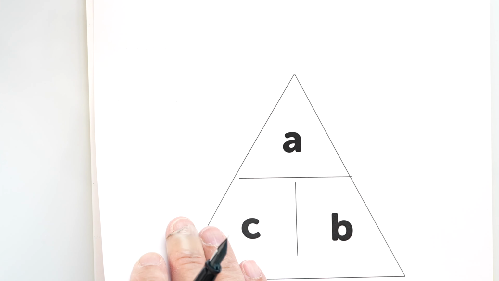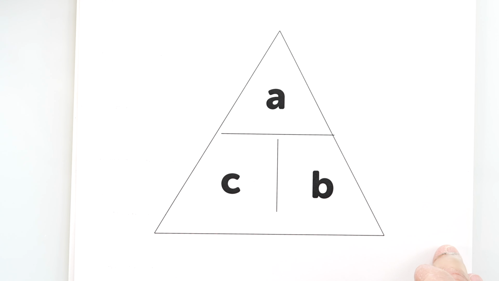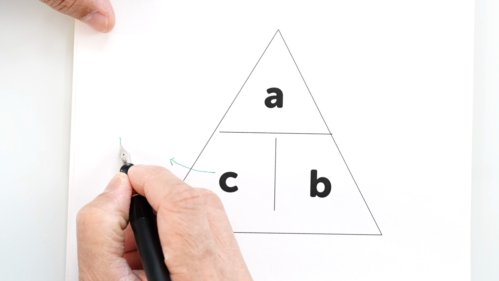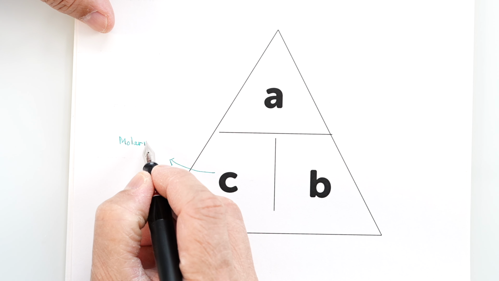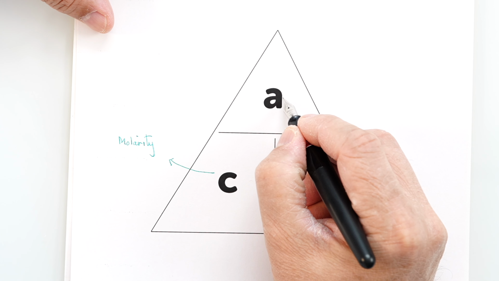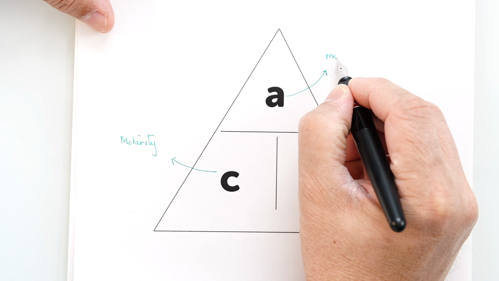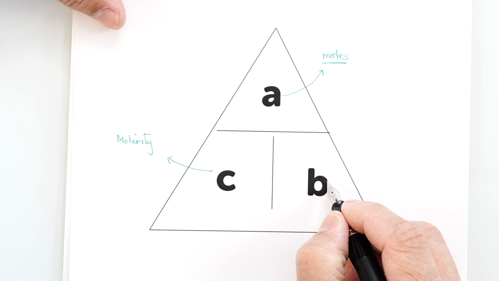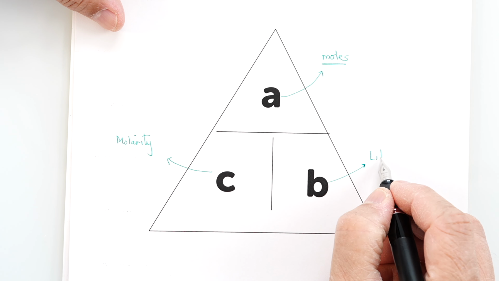So what I've done is I've modified this a little bit in case you have a tough time with isolating variables. I've actually created this little triangle. In this triangle, C is molarity, A represents moles, and B is liters.